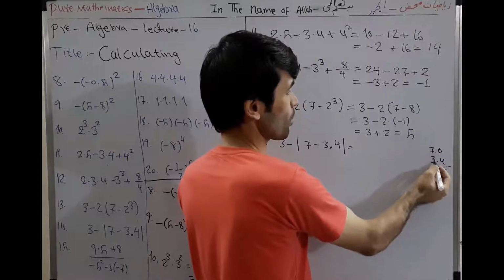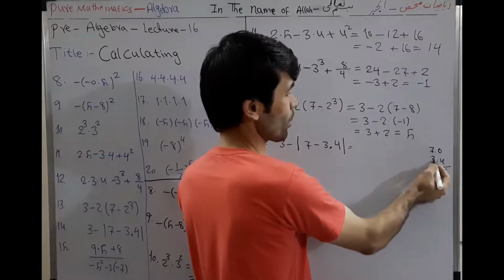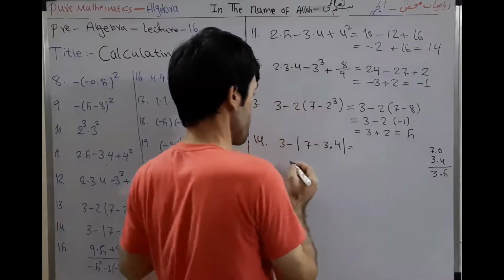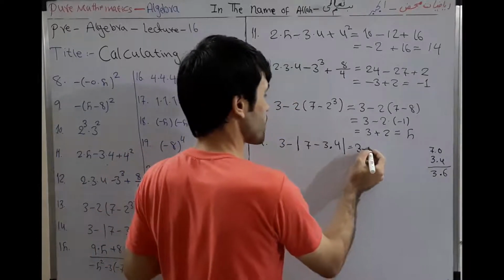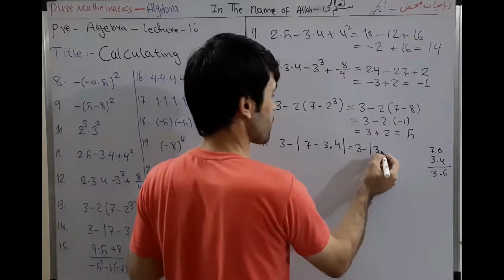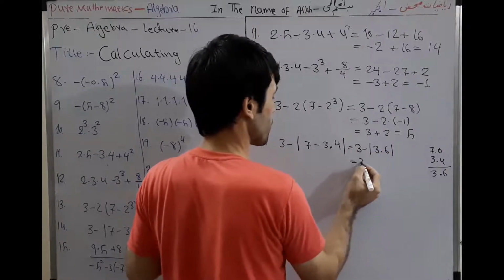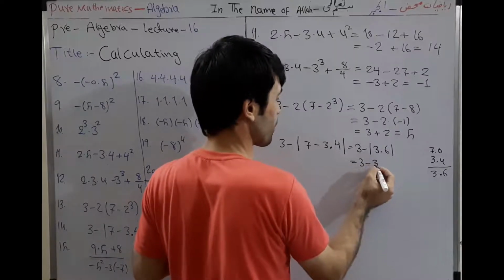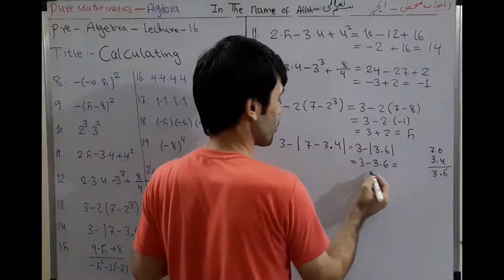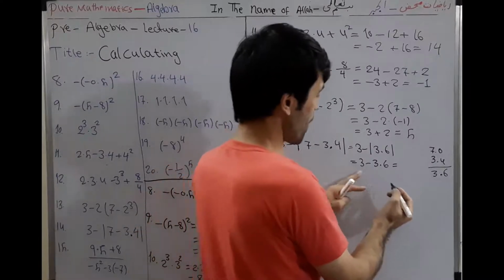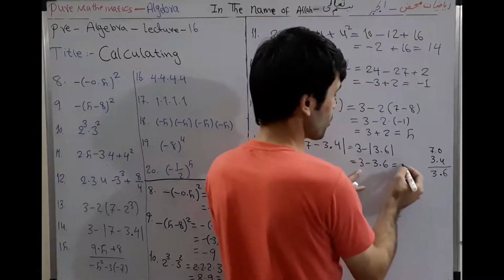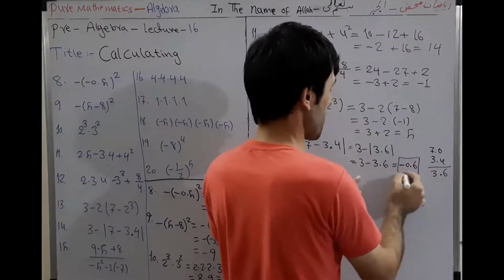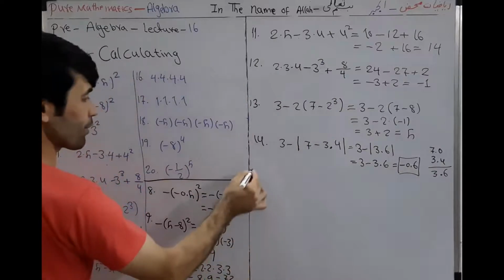Here we have 6, from 6 we subtract 3, it will become 3.6. So 3 minus absolute value 3.6. The absolute value of 3.6 is equal to 3.6. If we subtract these two, we get minus 0.6. Minus 0.6 is the answer.